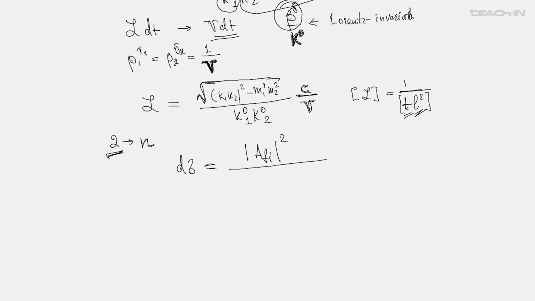If you follow the coefficients accurately, then this is what it is: the square root of (K1, K2) squared minus m1 squared, m2 squared, and then dΦ.